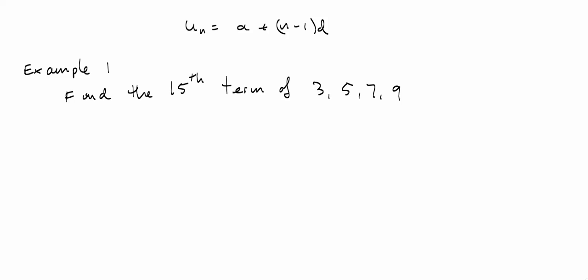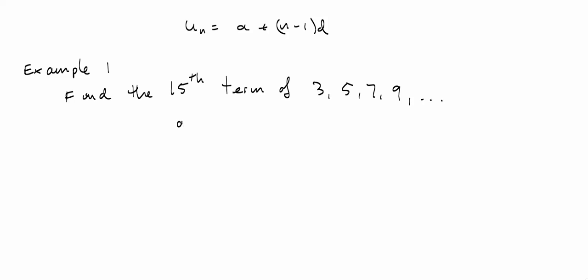Here are three examples of how we might use this formula. Here's the first one. Find the 15th term of the series 3, 5, 7, 9, and then it carries on. So we put the 3 dots there to signify that we carry on in the same way. Right, well, this is an arithmetic sequence. We can see that to get from one term to the next, we're always adding 2. It's the odd numbers starting at 3.